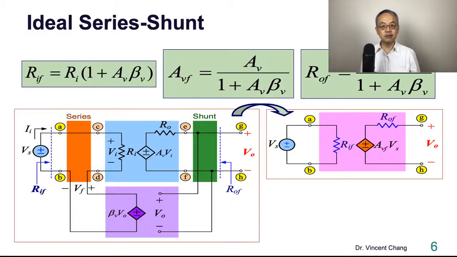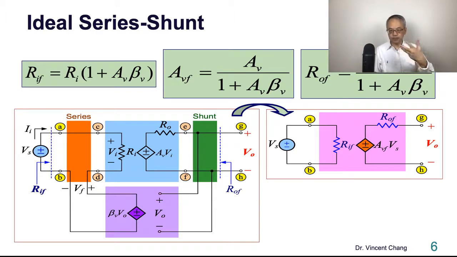So if you are not satisfied with the voltage amplifier in front of you, you think the input resistance is not high enough and the output resistance is not low enough, then what can you do? You can apply feedback. Apply what feedback? Series-shunt feedback.